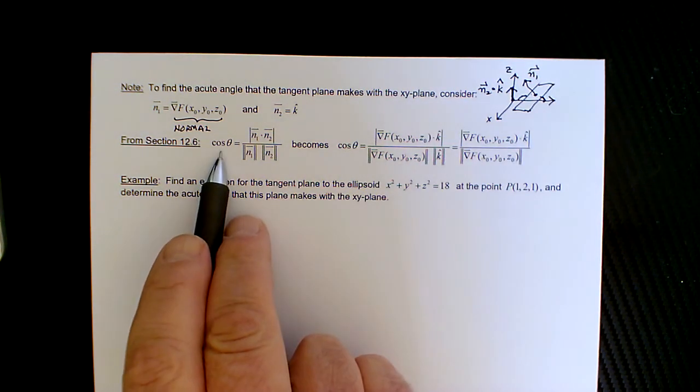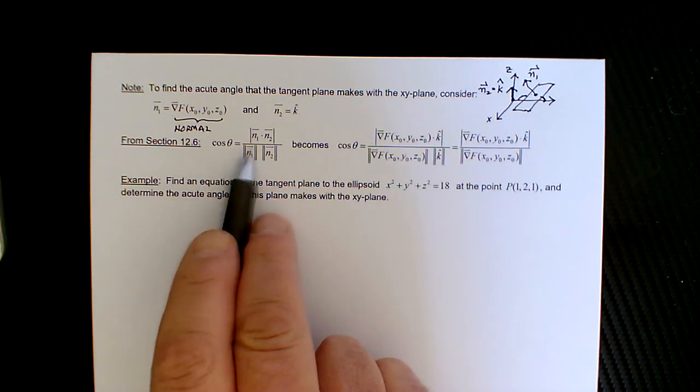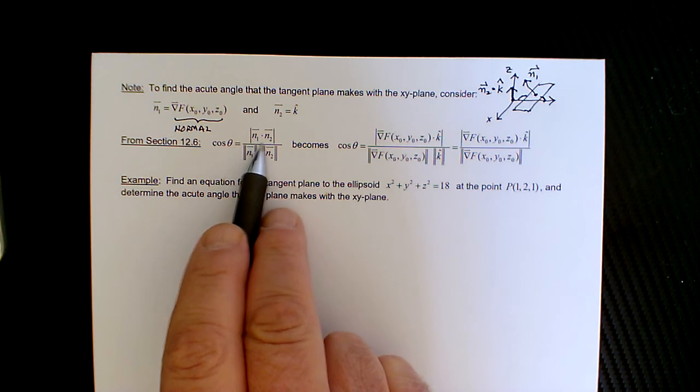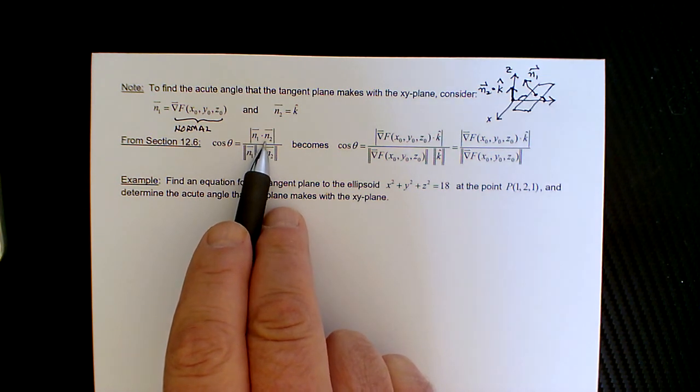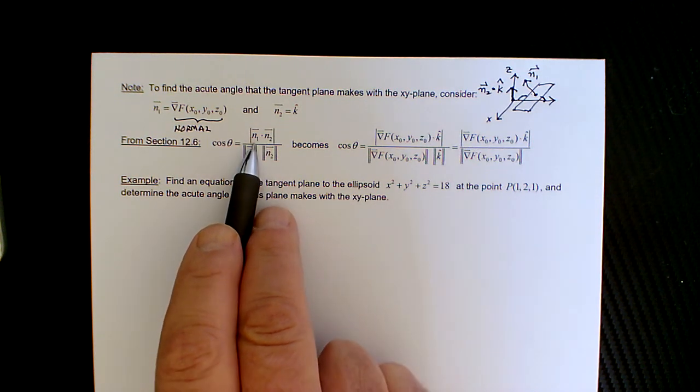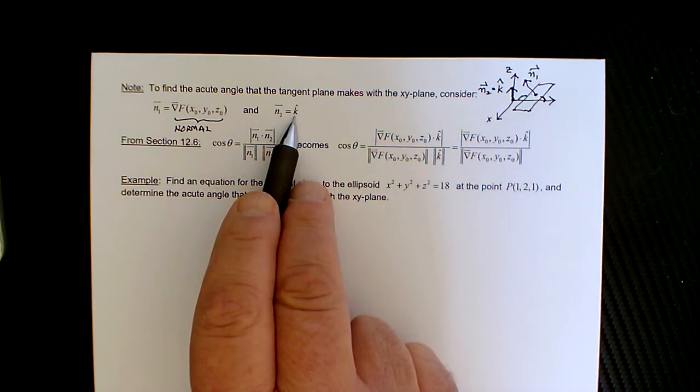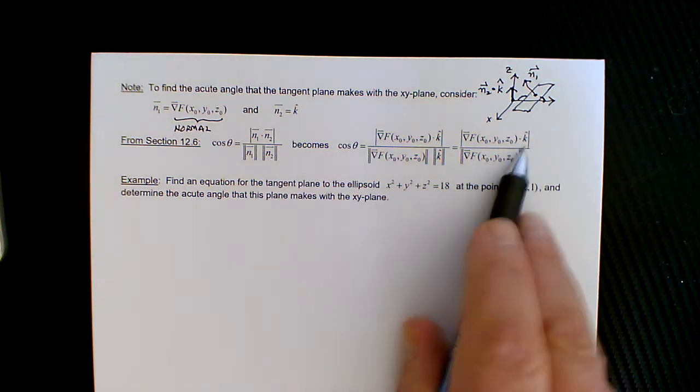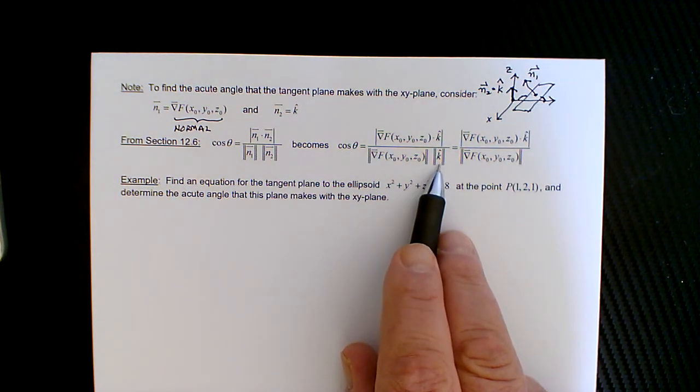So if you recall from section 12.6, this was actually our manipulated form for the dot product of N1 and N2, or we usually called it U and V. But then we're just going to replace N1 and N2 by what we stated here, and we come up with this formula.